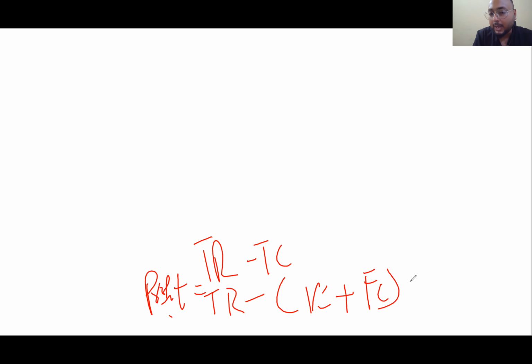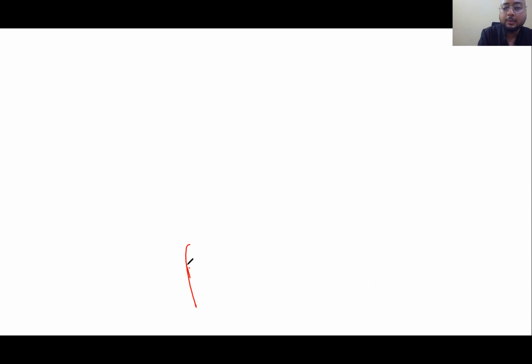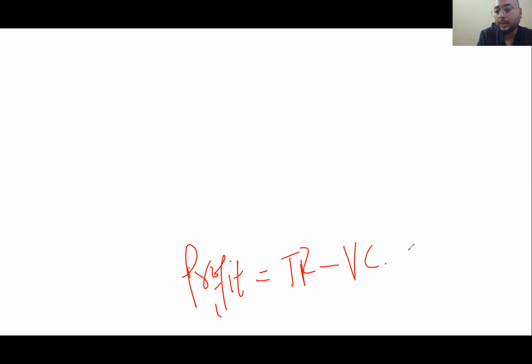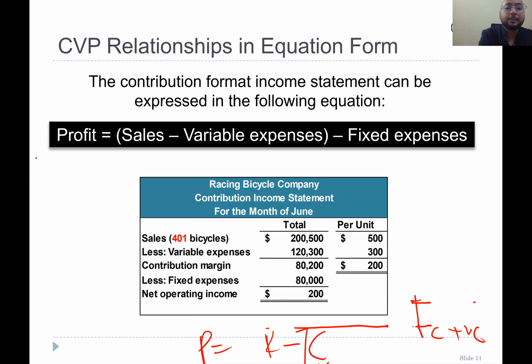So if you enter this negative into the parenthesis and remove those parentheses, profit is equal to total revenue minus variable cost minus fixed cost, right? So this is the same: profit is equal to sales, or total revenue, minus variable cost minus fixed expenses.